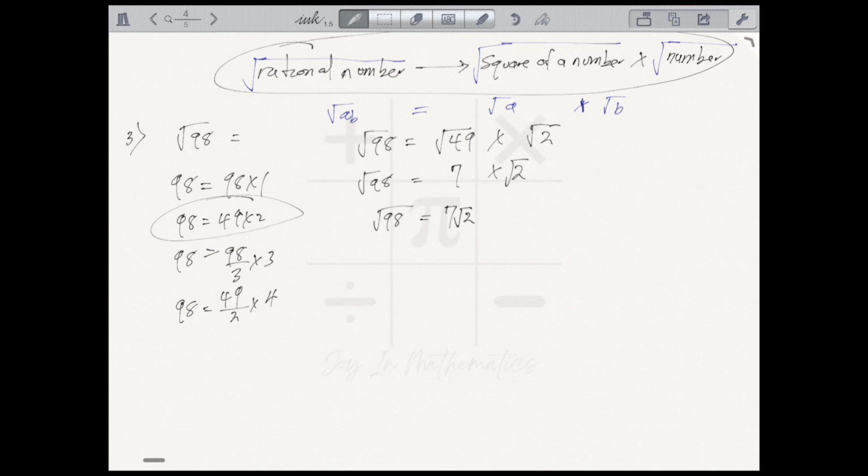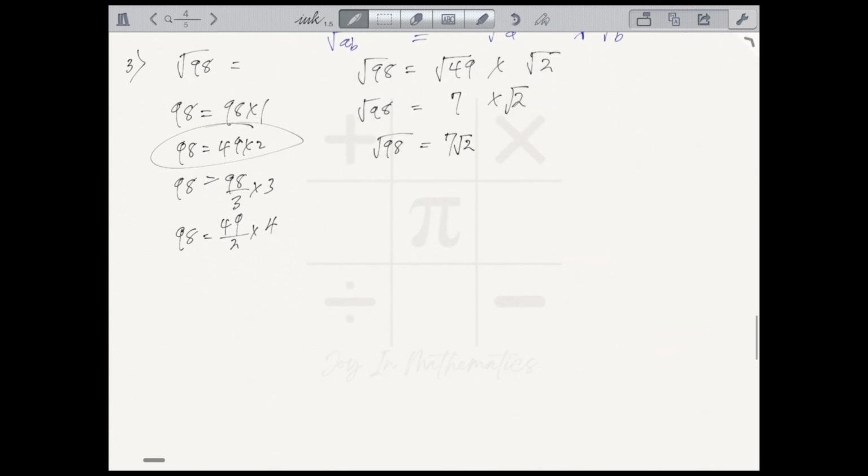So let's take one last example as we clarify this. That was question 4, and this will be question 5. So let's take a look at root 75. Now 75 is equal to 75 times 1.